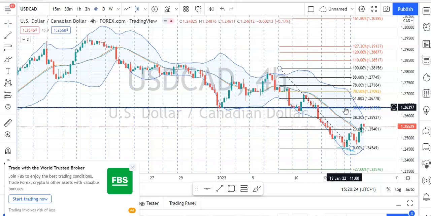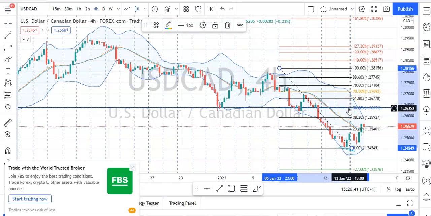Okay, so I strongly believe that if we're still going to continue this downtrend movement this week, I will wait. That's the way I will trade it anyway. So I will wait for price to retrace back to this level of support, because I said earlier on that it has been tested twice.